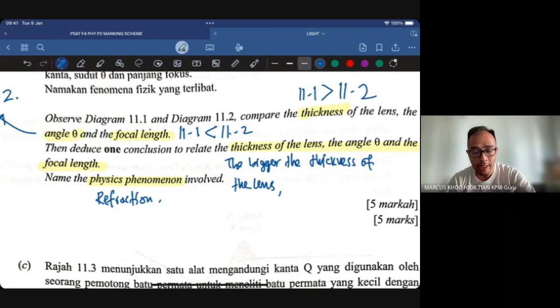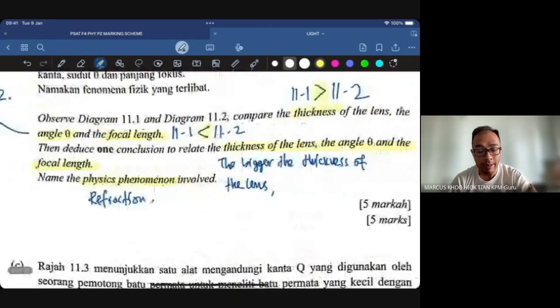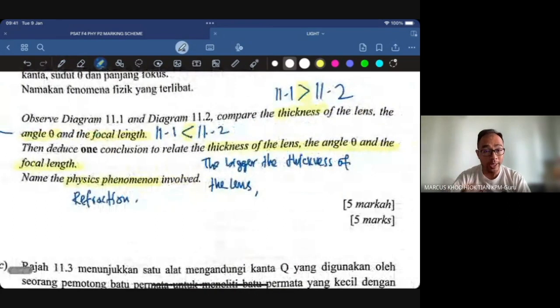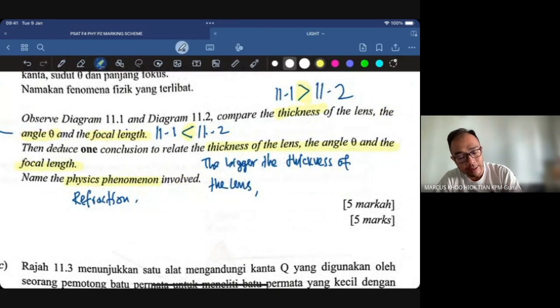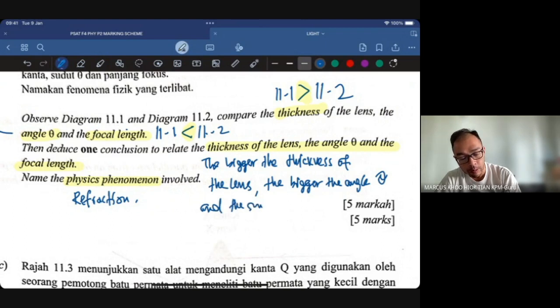If you take a look, the focal length is in a different direction than the thickness, whereas the thickness and the angle are in the same direction. So that means you have to write this twice. The bigger the thickness of the lens, the bigger the angle, theta, and the smaller the focal length.